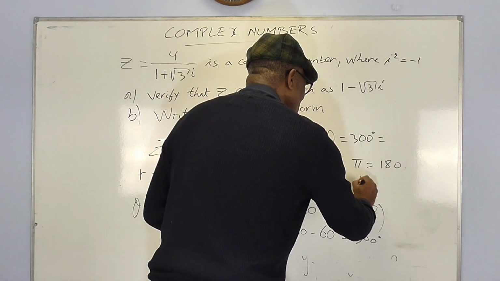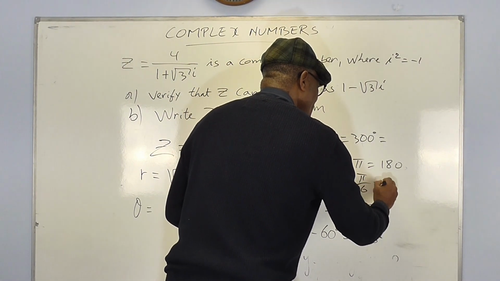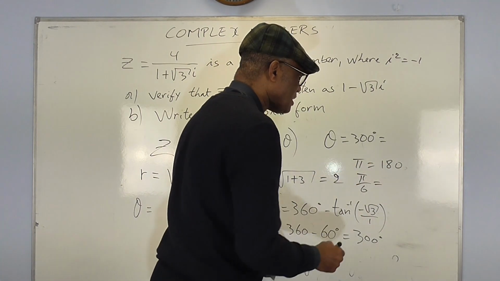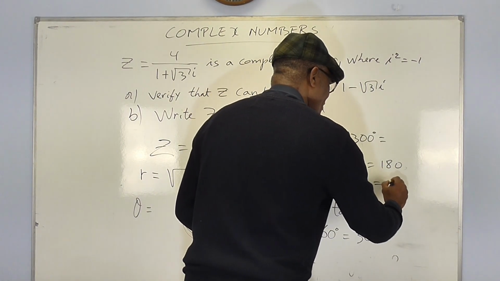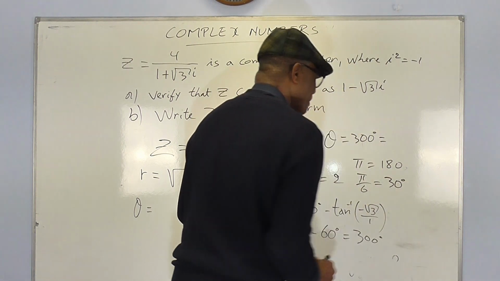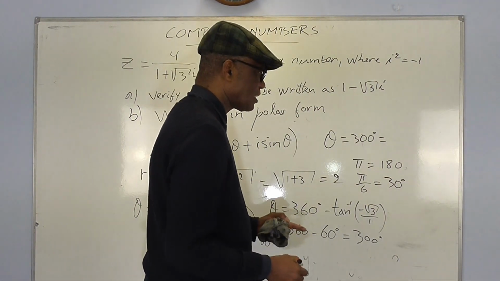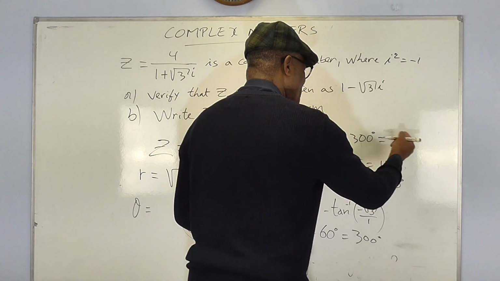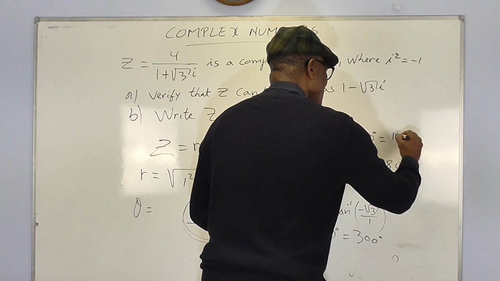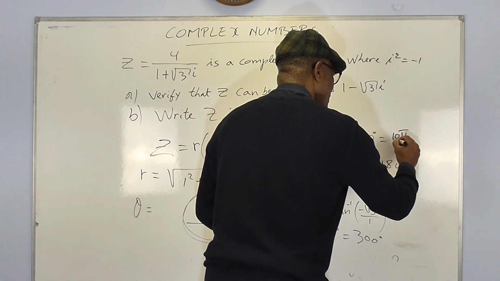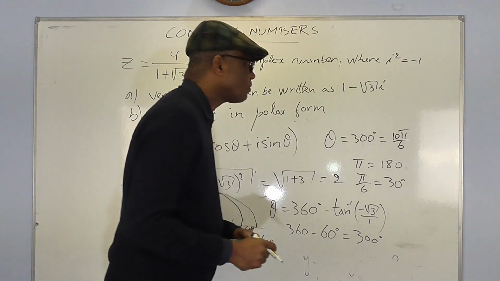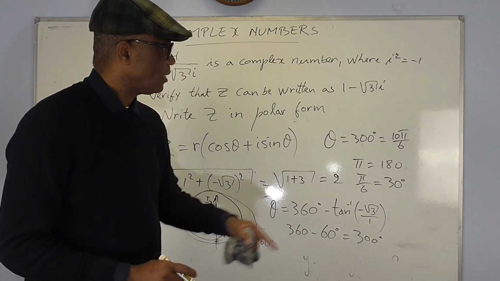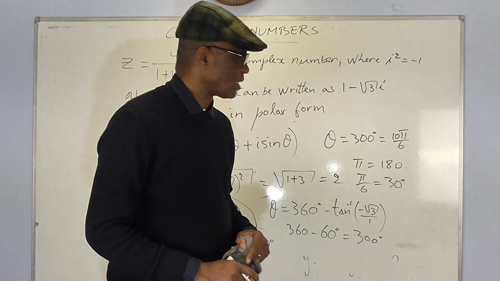And pi over 6, 180 degrees divided by 6, will give 30 degrees. 30 degrees multiplied by 10 will give 300. So I can write this as 10 pi over 6.